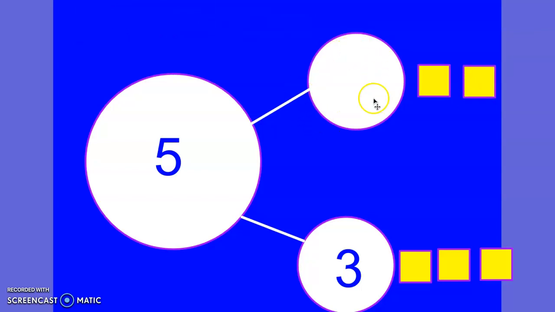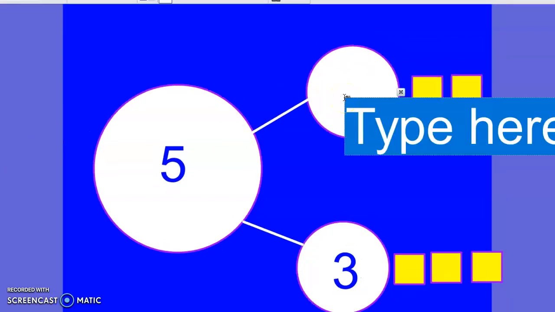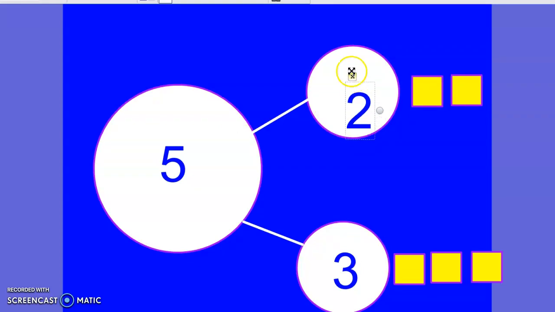So what number is going to go here? If you said 2, you are right. So now I know that 2 plus 3 equals 5. All right, let's do one more together.